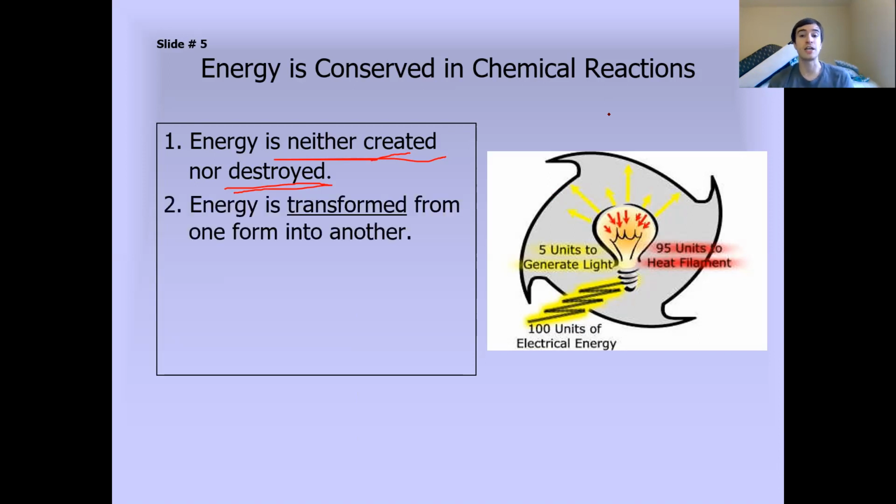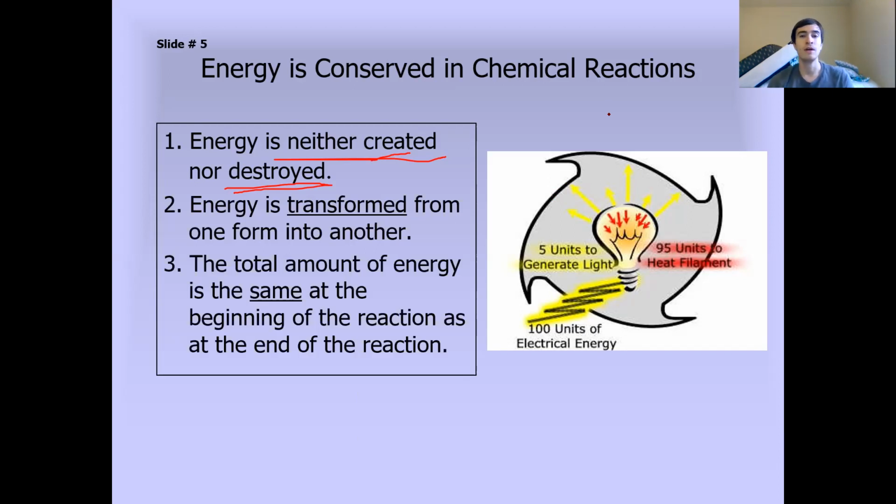We can change that energy from one form to another. So overall, the total amount of energy is going to be the same at the beginning and end of the reaction, but the forms of energy might be different.